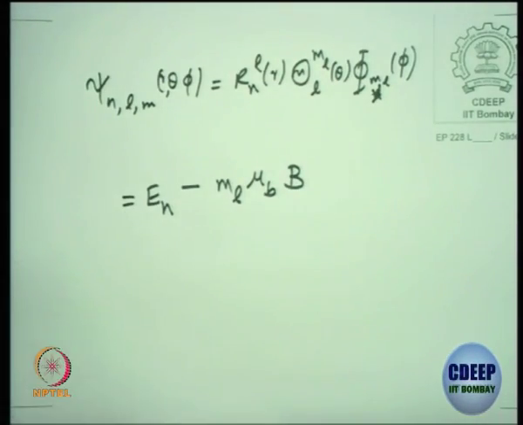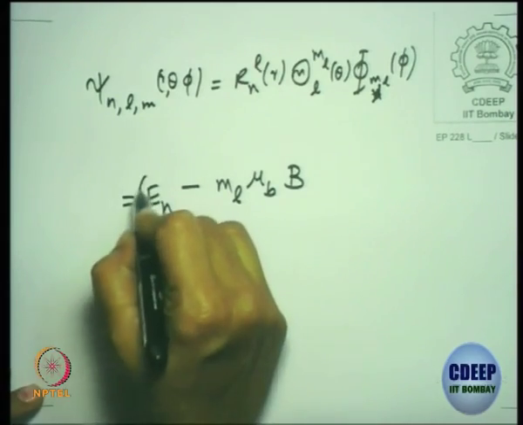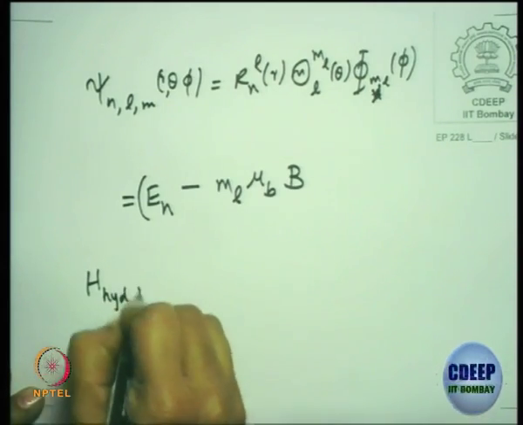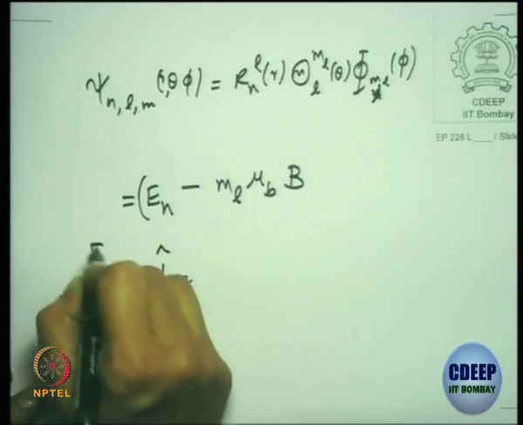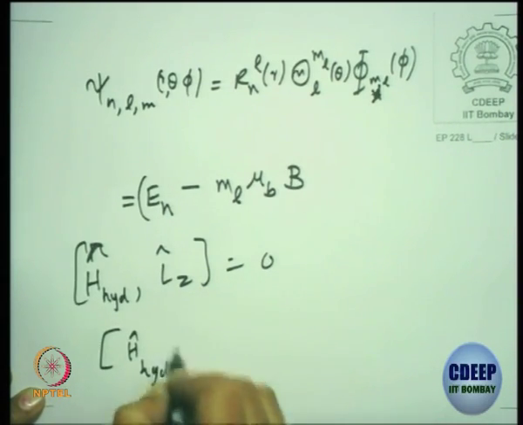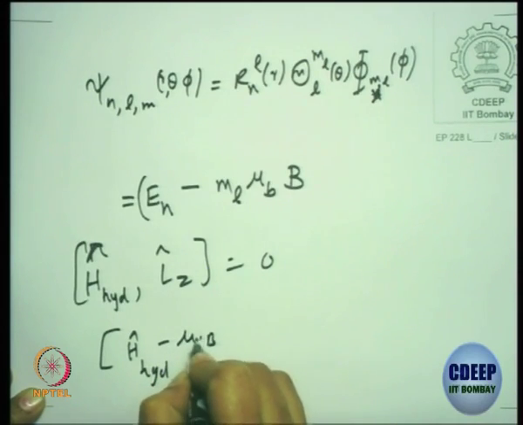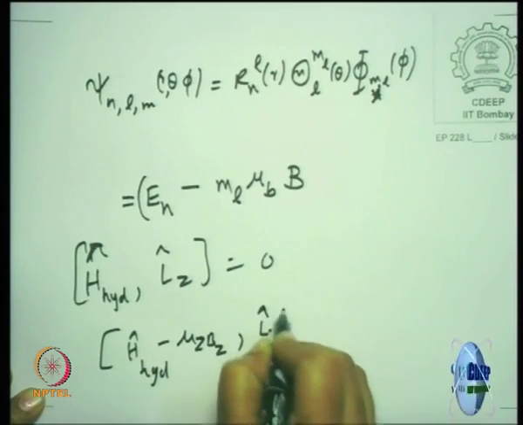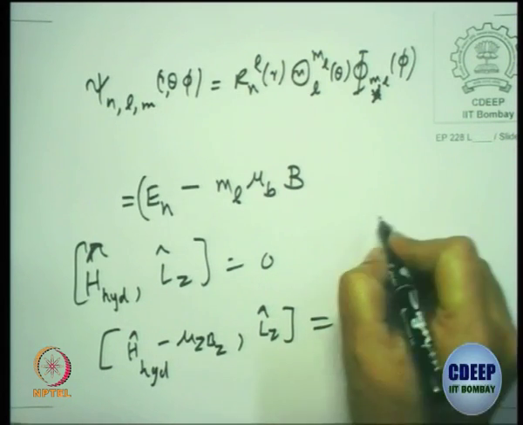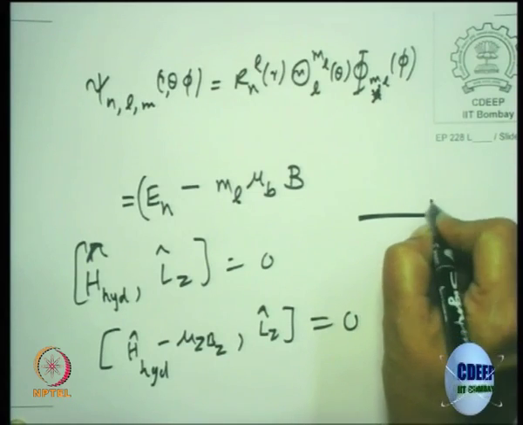I am arguing from a different point of view that the initial Hamiltonian of the hydrogen atom commutes with Lz, but I can also write the hydrogen atom plus mu dot B with the mu z Bz Lz, that is also 0. From here also I can find what is the shift in the energy by using the operator formalism. Even from the wave function formalism, you will see that there will be a shift. So what is happening is that this one was having an n squared degeneracy.